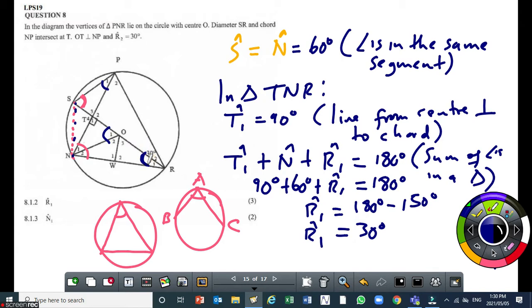And then I got O1 equal to 60 degrees. Then I used the sum of angles in triangle TO. That's correct as well. Is there anyone who saw it in another way? Right, so that's how we approach it.